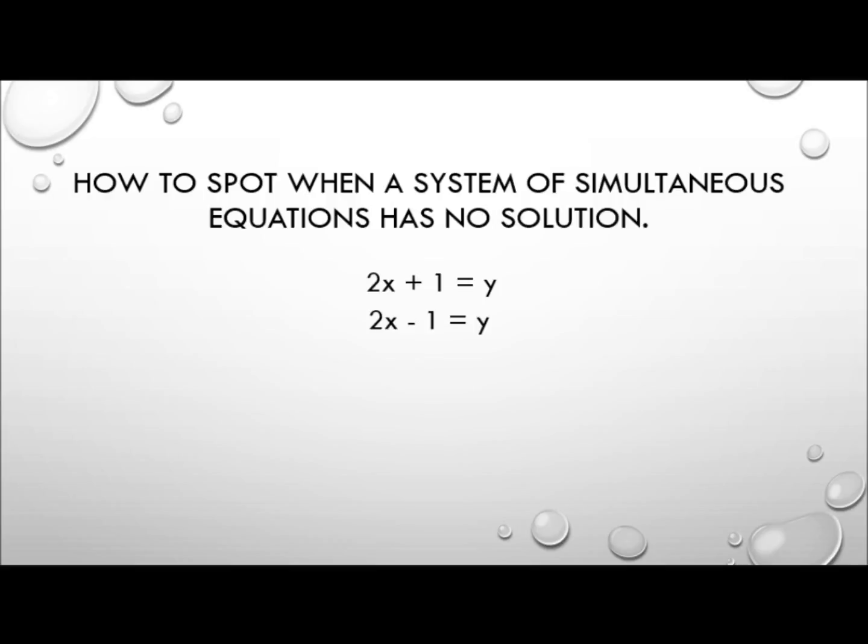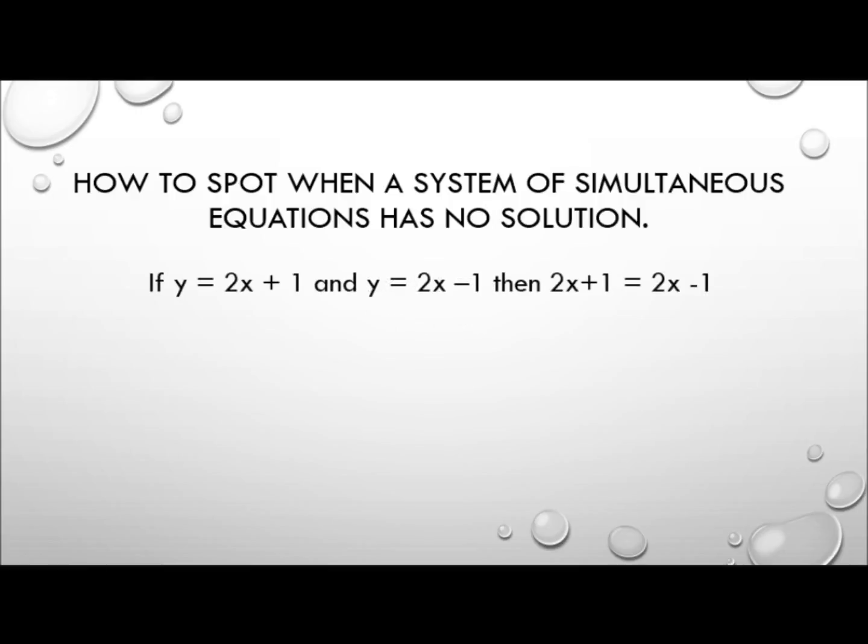Well, if we take this example, 2x plus 1 equals y, and 2x minus 1 equals y, and then we try to solve it, so we go through the motions like we've already seen. If y equals 2x plus 1 and y equals 2x minus 1, then 2x plus 1 equals 2x minus 1.